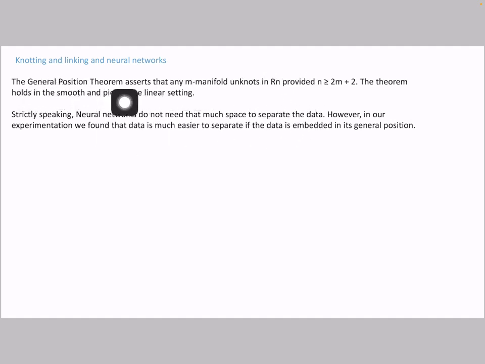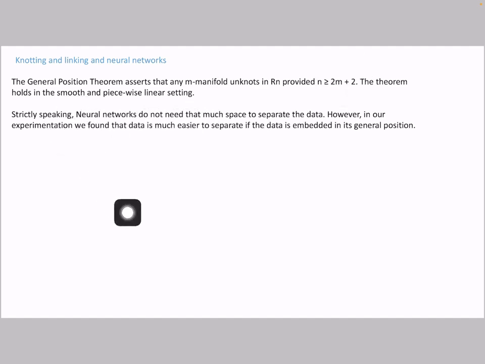The general position theorem asserts that any M-manifold unknots and unlinks if you put it in high enough Euclidean space. So strictly speaking, a neural network really does not need this much space in order to separate the data.